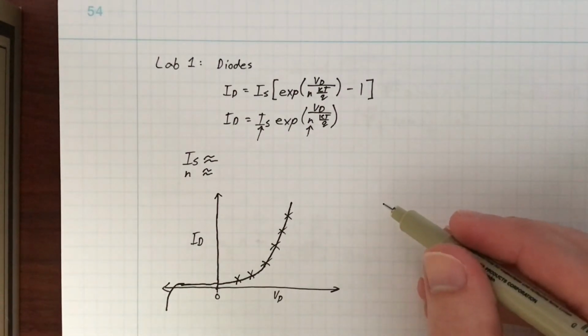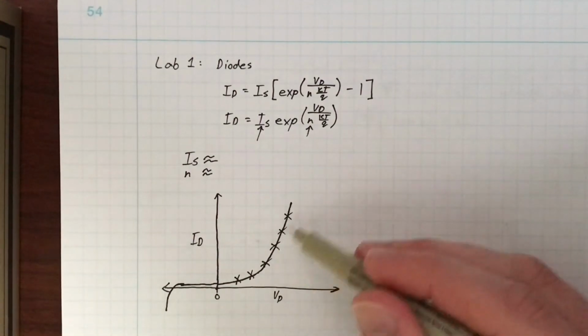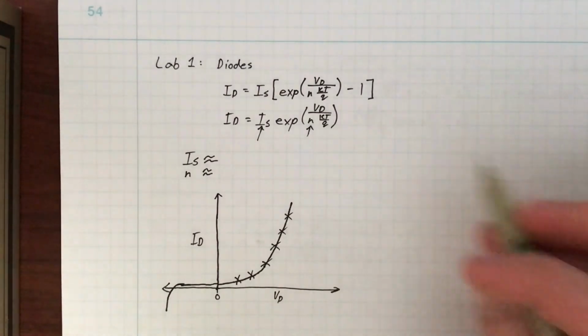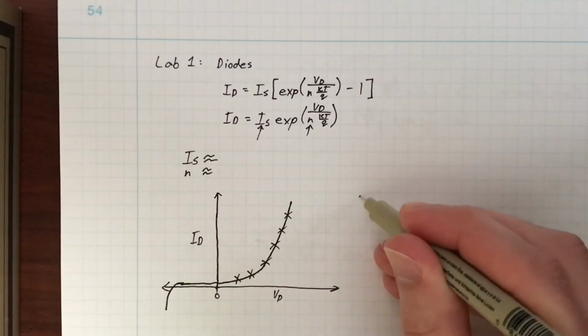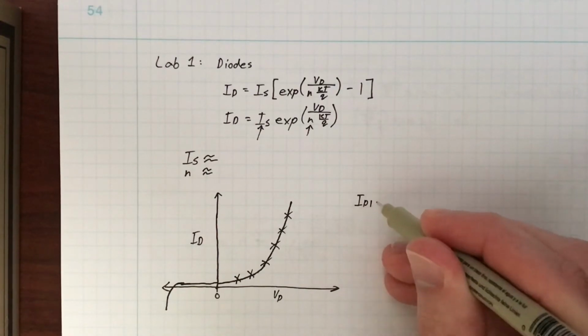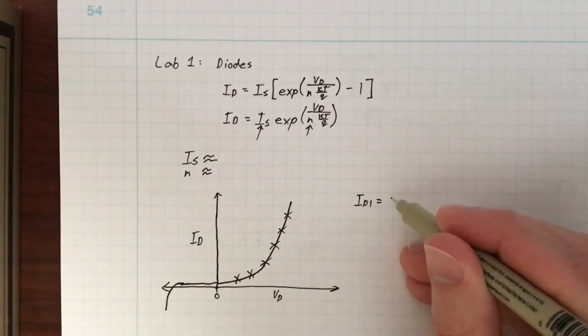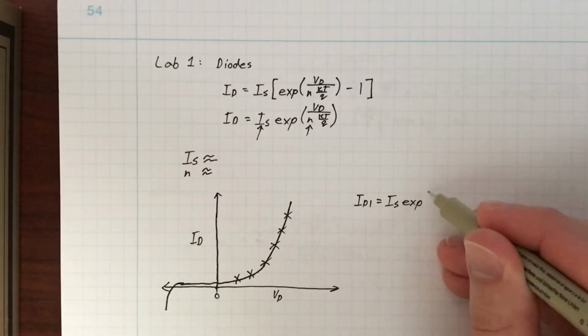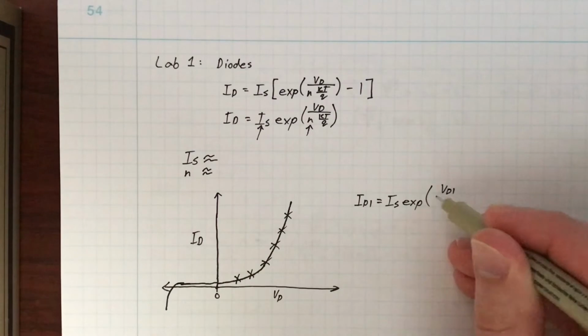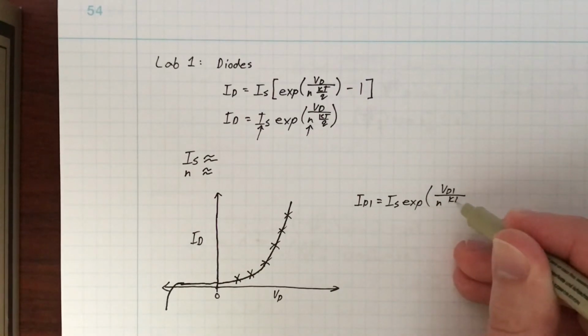The first one that you might have learned in class involves using 2 data points. And if you write out this diode equation for 2 separate data points, you would have ID1 equal to IS, which is a constant, exponential of VD1 over N KT over Q.